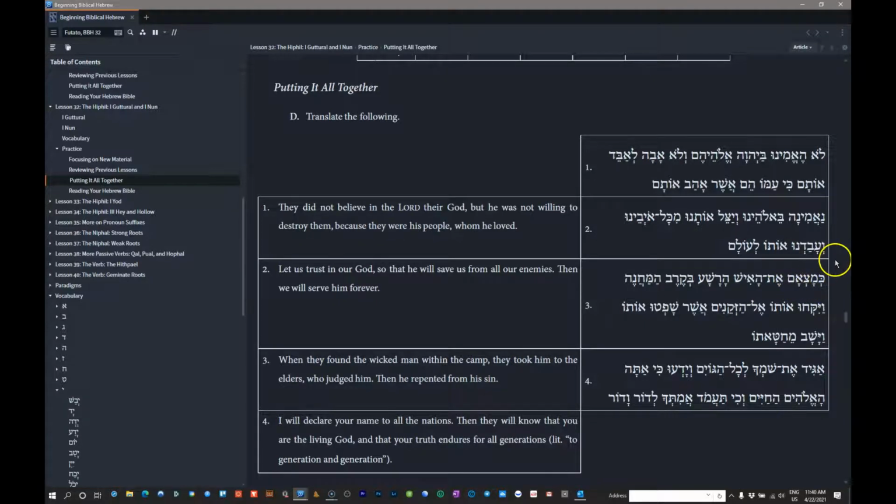So kaf is usually a temporal preposition on an infinitive. So this is going to mean as they were searching, or as they were looking for him, as they were searching for him, as they were looking for, not him, ha'ish, the man, ha-rasha.